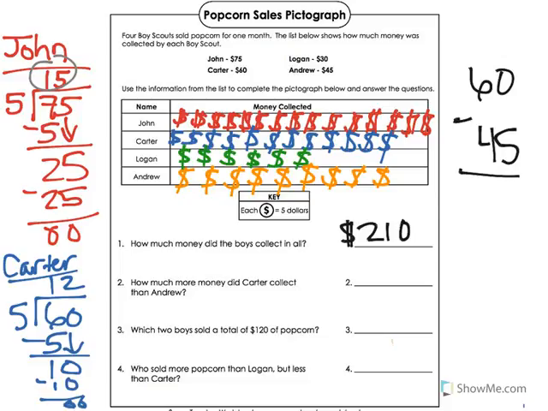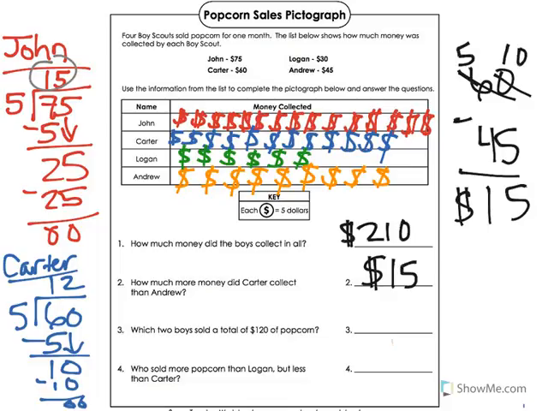Well, we can't work with that 0, so we need to regroup. At 6, we need to get some 10s, so let's take a set of 10s, and that changes to a 5, and now that 0 becomes a 10. And so 10 minus 5 is 5, and then 5 minus 4 is 1. So therefore Carter made $15 more than Andrew.